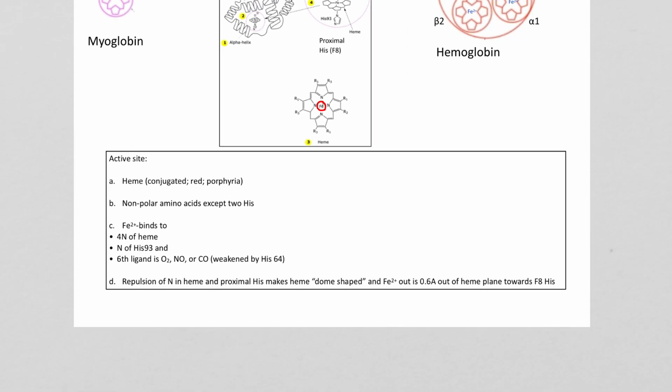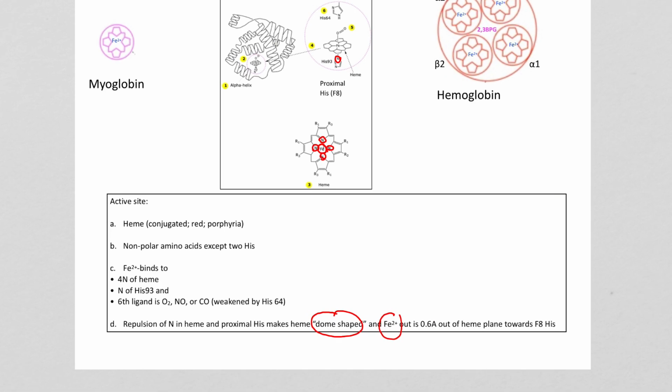Actually, because of all these nitrogens of heme, as well as the nitrogen of the proximal histidine, the heme looks more like a dome-shaped structure, and the iron atom is about 0.6 angstroms out of the heme plane towards the proximal histidine, towards this side. So the iron atom is more on this side, out of plane by about 0.6 angstroms.